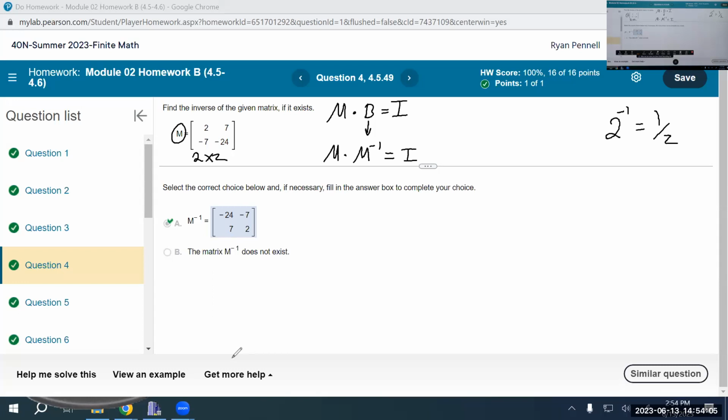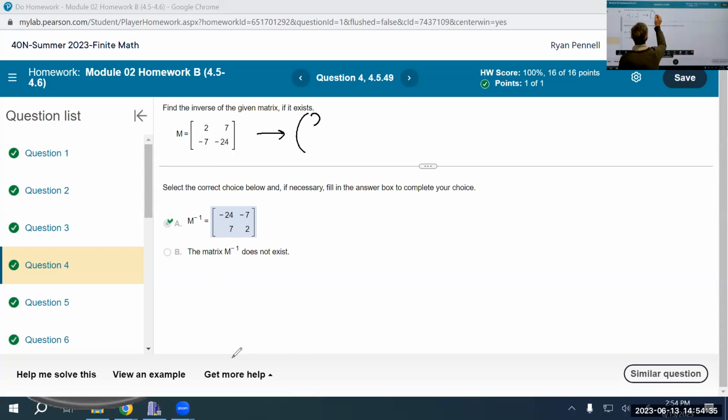There's a formula for 2 by 2 matrices. And the third way is we could use a graphing calculator to help us. There's at least 3 ways to do it. Okay, I want to show you first the row reduction way, and then I'll show you the formula. And then probably when we do a 3 by 3, maybe I'll show you the graphing calculator, because those are a little bit hard.